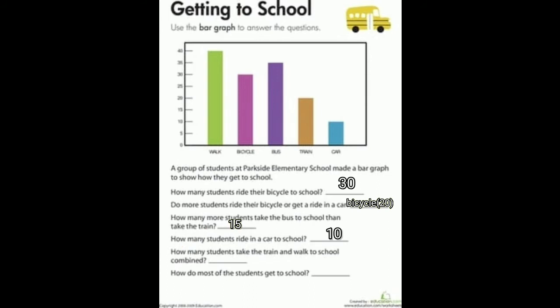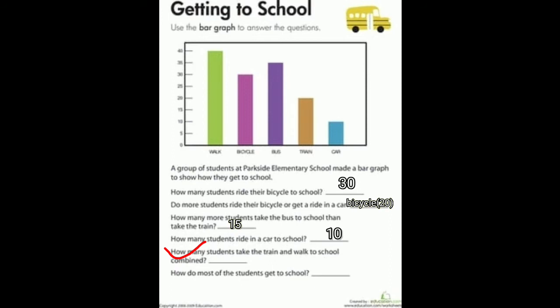In the next question, we are asked to find the number of students who take the train and walk to the school combined. Thus, we need to find the total number of students who come to school by train and walking both.